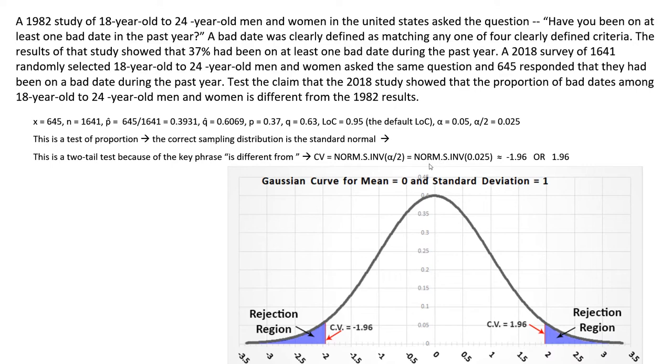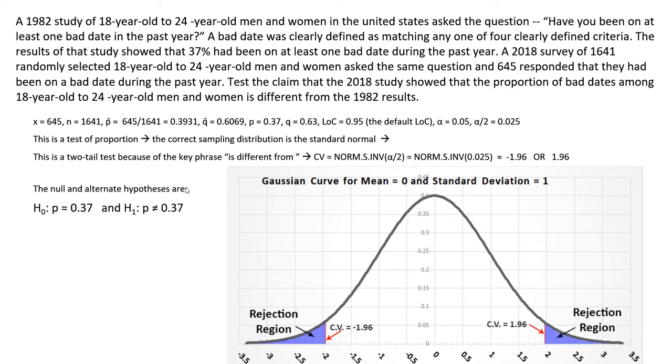The way to do that is the norm.s.inv of 0.025, which means I have two critical values. On the left side, it's negative 1.96. On the right side, it's positive 1.96.